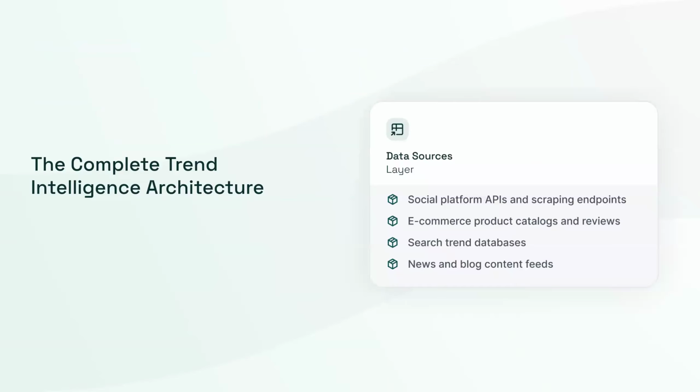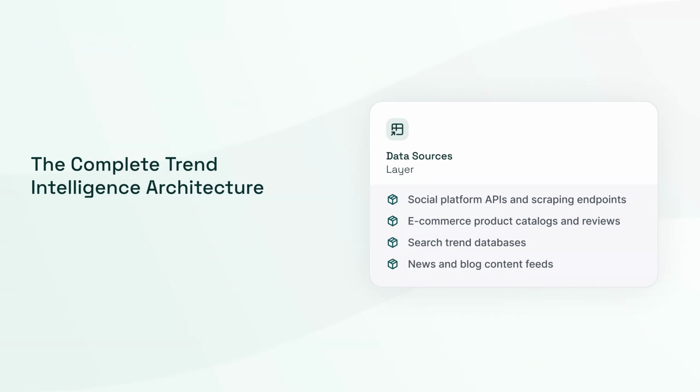The first layer, data sources, is your foundation. This includes social platform APIs and scraping endpoints, the technical connections that let you pull data from TikTok, Reddit, Pinterest, and other platforms. So this is ultimately where you're collecting those raw signals. Yeah, the ones we mentioned a few minutes ago. You can also add e-commerce product catalogs and reviews.